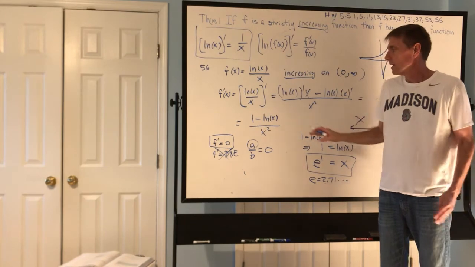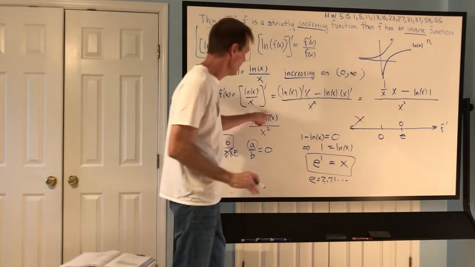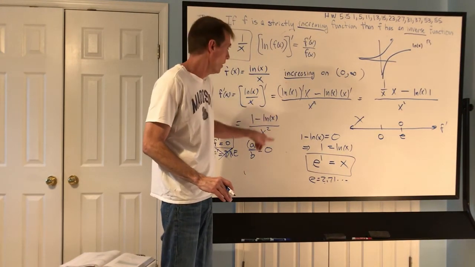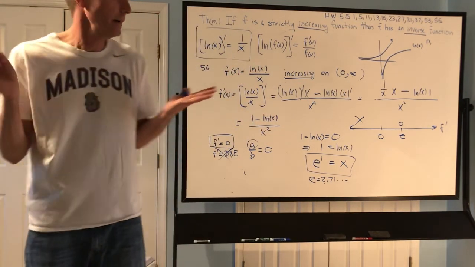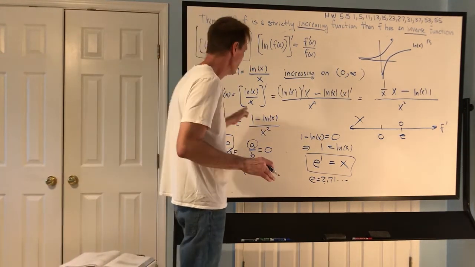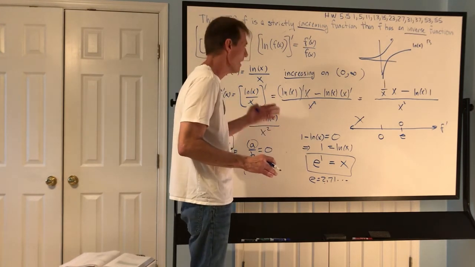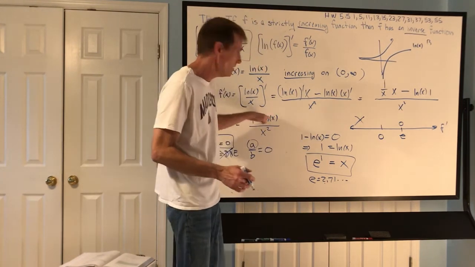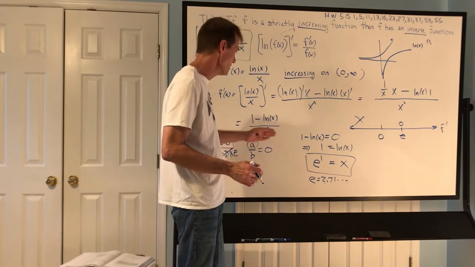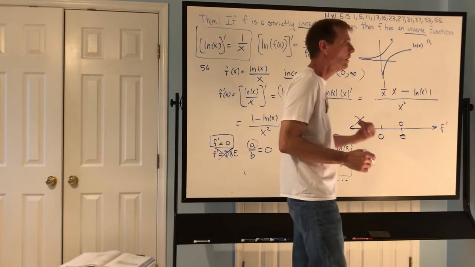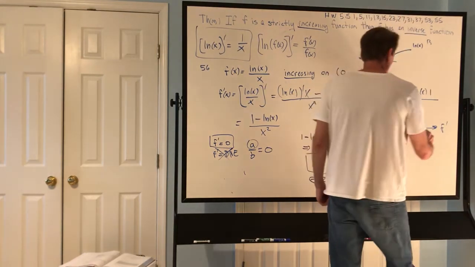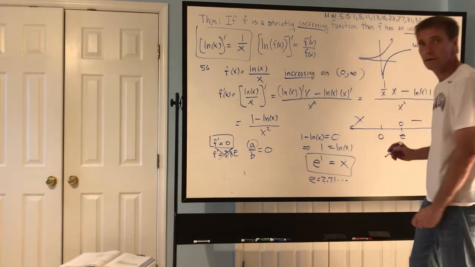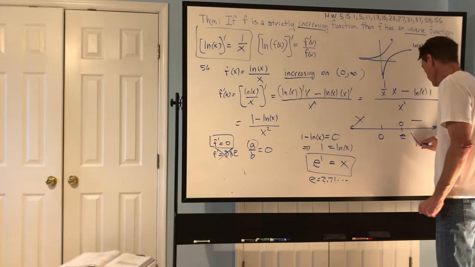So I would have 1 minus something bigger than 1, over a trillion squared, which is positive. The only thing I'm concerned about is the sign. 1 minus the natural log of that would be negative, divided by a positive, which means I'm negative in here, which means I'm decreasing.